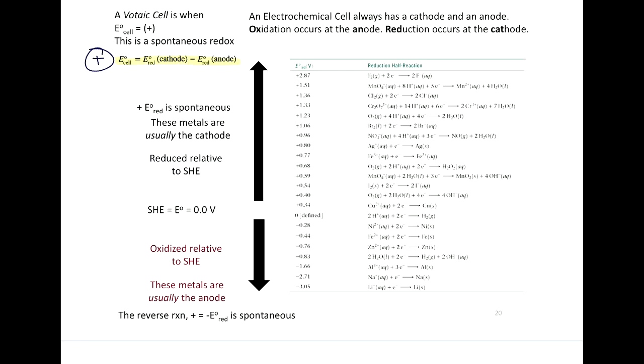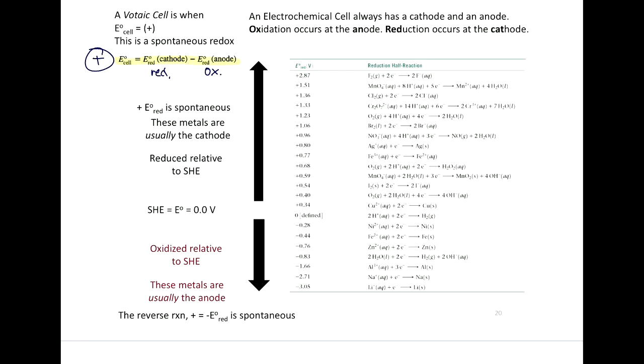So what reaction happens at your cathode? Whatever is being reduced. And then what happens at your anode? Whatever is being oxidized. So all of those steps we just did, we're going to continue using them. Once you identify what's being reduced and what's being oxidized, you find them on this table, and you take the positive number of your cathode and you subtract whatever number is happening at your anode.